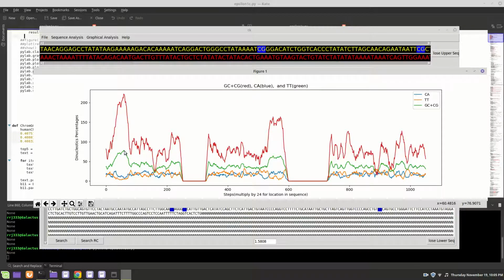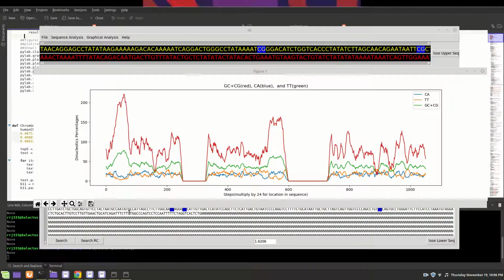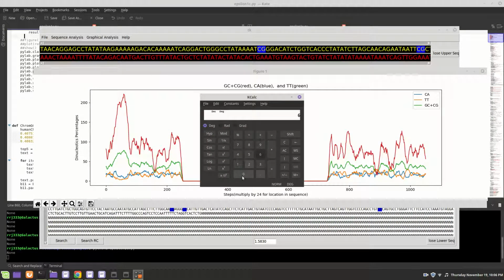Well, we take that number and multiply by this number. So 60, what was it? Somewhere around 60. We'll just say it's 60. And we're going to multiply that by 24. So I'm going to go 60 times 24. Now you guys can't do this method, but I'll show you. 60 times 24, is that right?